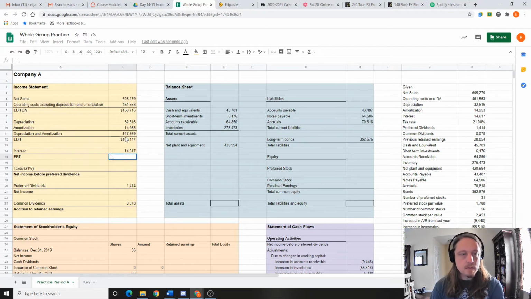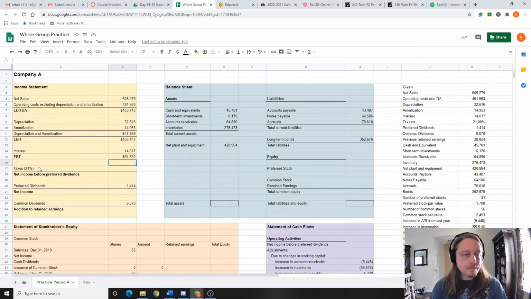So we're going to do equals the value of EBIT now minus the interest. If I want to know what the profit is before taxes, this is my earnings before taxes, it's $91,000, which is great. It's still a lot of money, but you can see it's fallen quite a bit since the 153. So that's why it's important to look at all the different measurements.